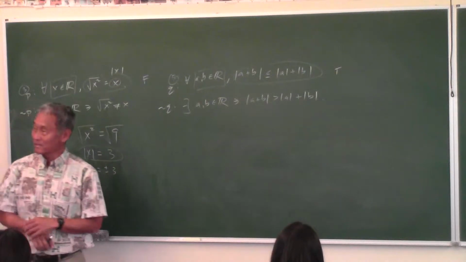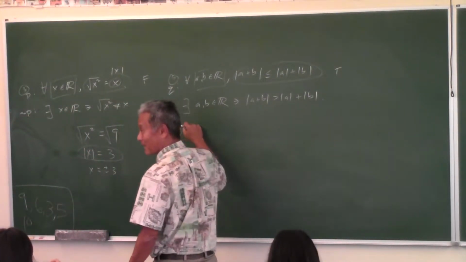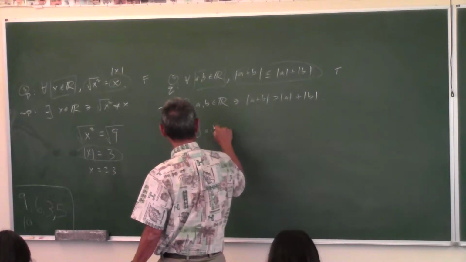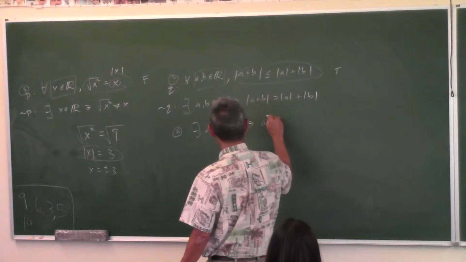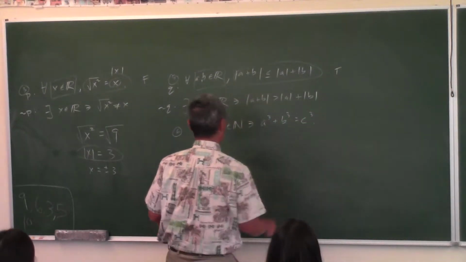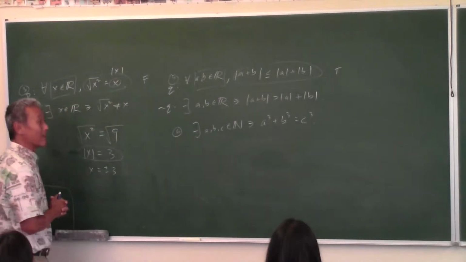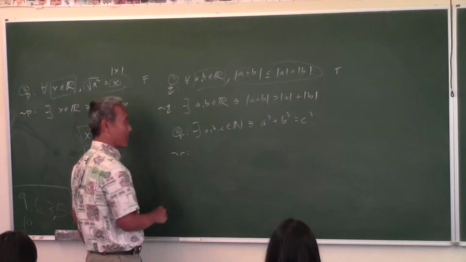Number 6, here's another one. This is another very important problem in mathematics. There exist natural numbers A, B, and C such that A cubed plus B cubed equals C cubed. So what kind of statement is this? Existential. So if this is statement R, what is the negation of that?